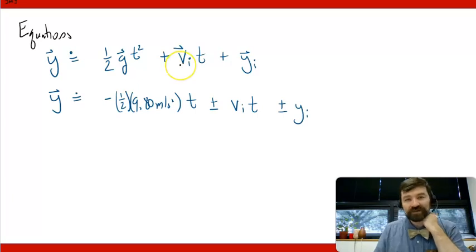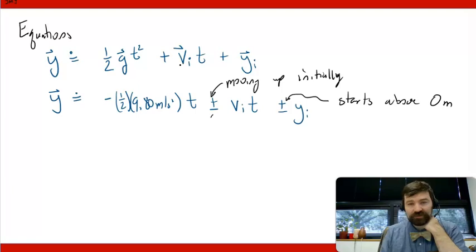And so the commentary here is that the plus sign on v initial is for moving up initially, and the plus sign on y initial represents that it starts above 0, and the minus would be if moving down initially.